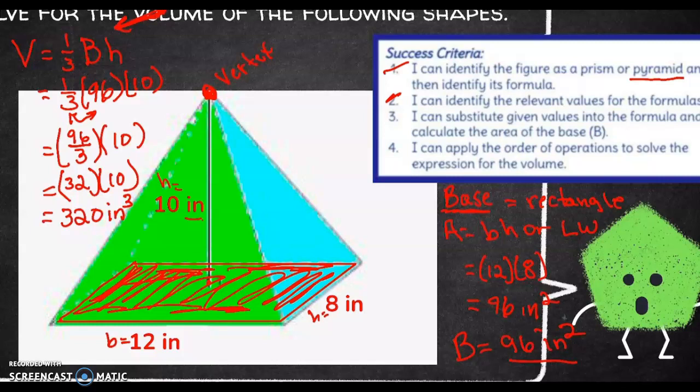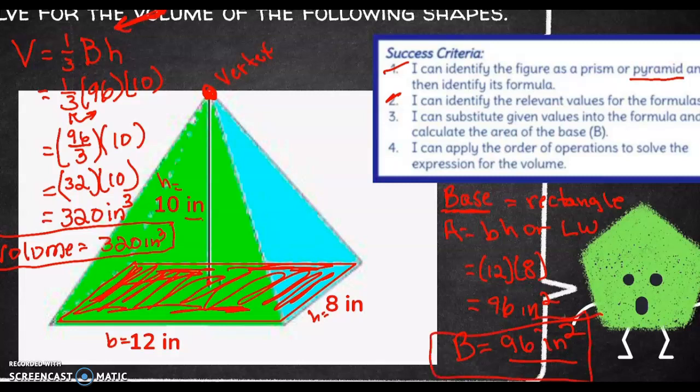So my volume for this pyramid is equal to 320 inches cubed. Remember, my base was 96 inches squared. Okay? Hopefully that will help you solve the following 3 problems.